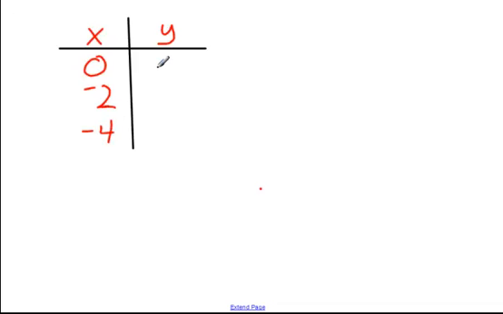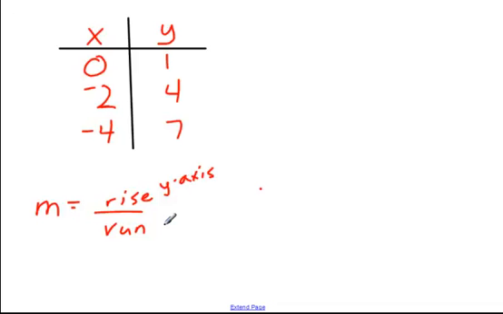Over here I'm going to make this, I don't know, 1, 4, 7. So notice that my inputs aren't counting by 1. Doesn't matter. Slope is still rise over run, which is still the difference on my y-axis over the difference on my x-axis. So that's why we find the difference between these when we do our pattern.